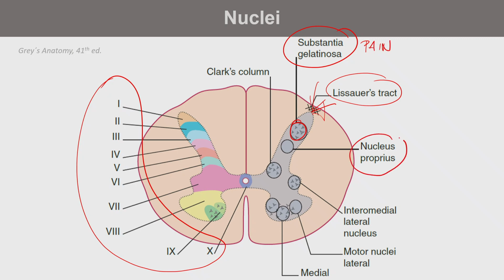Then we have nucleus proprius, which is important gray matter, where information about crude touch is relayed. Clark's column, which is more central, is important for unconscious touch, or unconscious, not touch, proprioception.